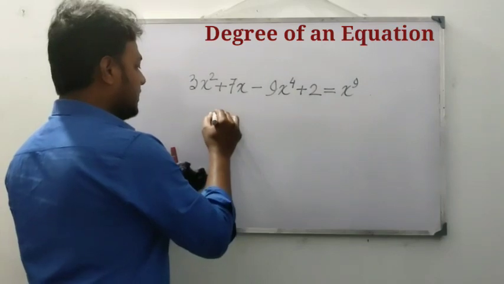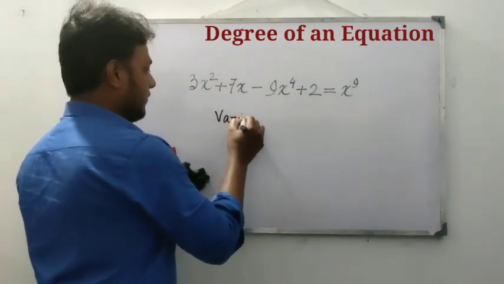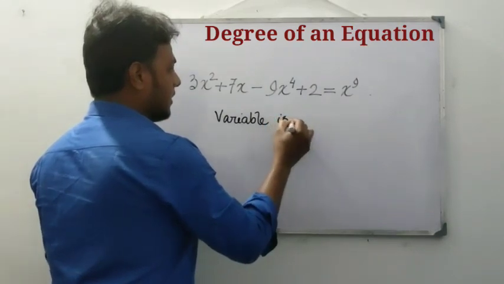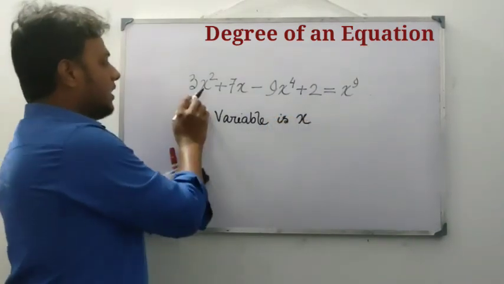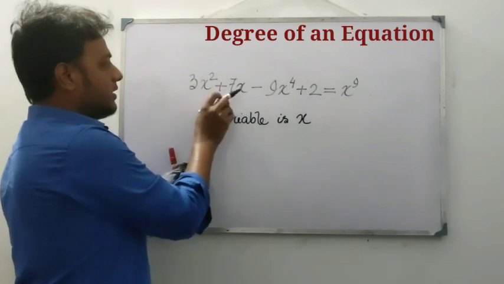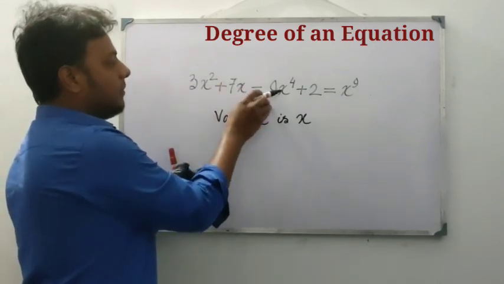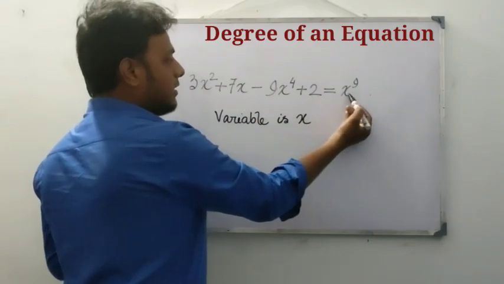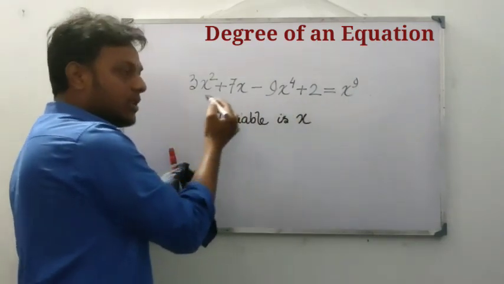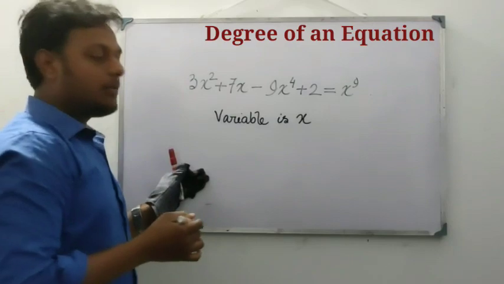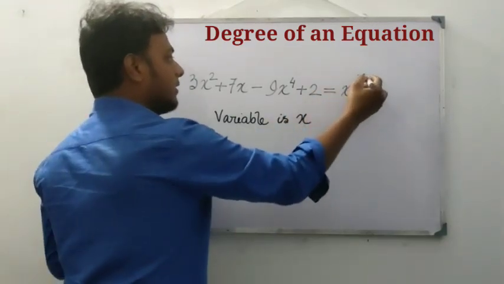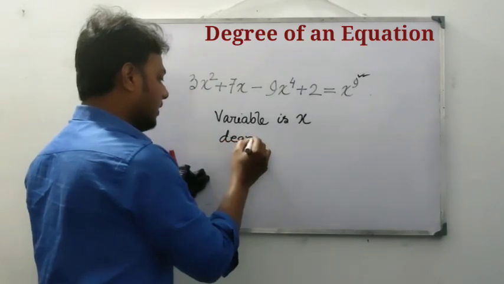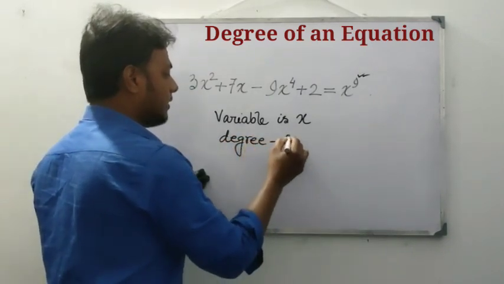So here the variable is x. Now the highest power of the variable: in the first term the power is 2, in the second term the power is 1, in the third term the power of x is 4, and on the right hand side the power of x is 9. So in this equation the highest power of x is 9. So the degree of this equation is 9.